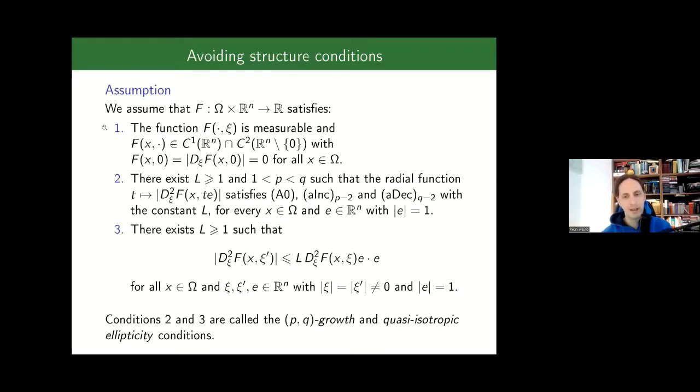Here again, there are a bunch of technical things, so you can skip 1 and 2. And number 3 is the quasi-isotropy condition. It says that up to a constant, this second derivative is the same in all directions.